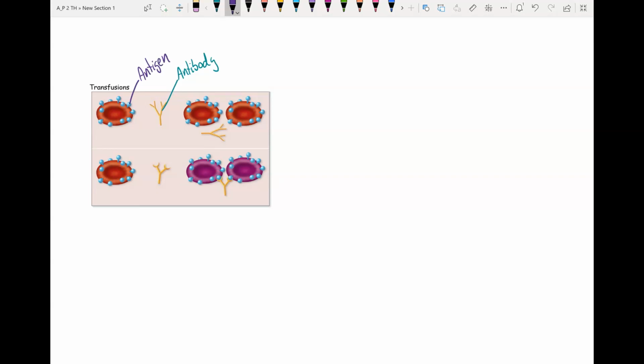In this case, notice the antibody does not match the antigen. So here, see this is a triangle shape, and these are round. So in the top one here, we have no match. This lock and this key do not go together. The antibody does not fit to the antigen.